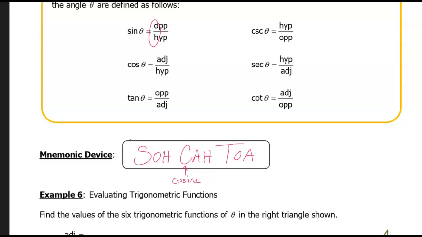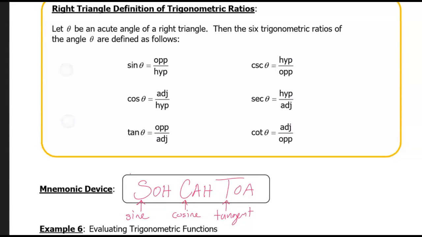Cosine is A over H, adjacent over hypotenuse. And TOA, the T stands for tangent, is O over A, or opposite over adjacent. So all that SOHCAHTOA does is helps you set up those ratios, helps you know what each trig function is equal to.